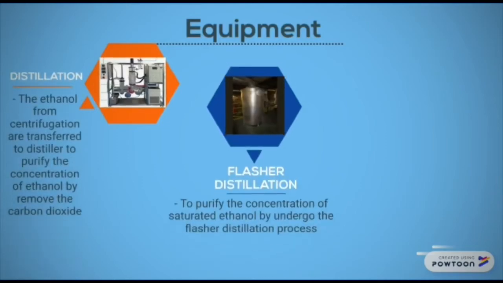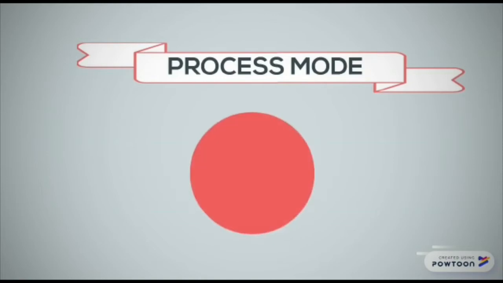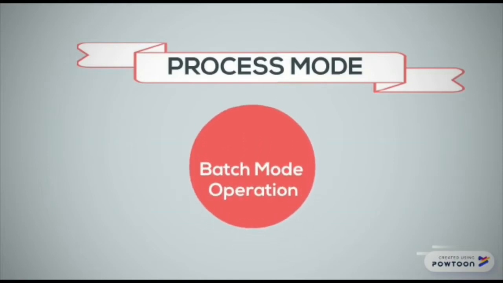Then followed by distillation, flash distillation, and condenser. In this bioethanol production, the process mode is batch operation.